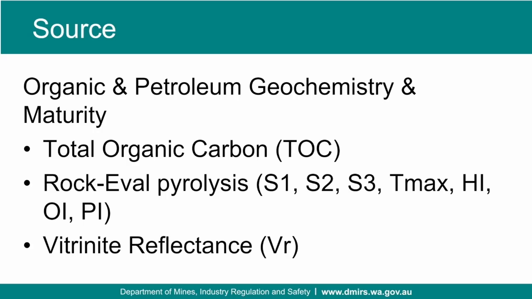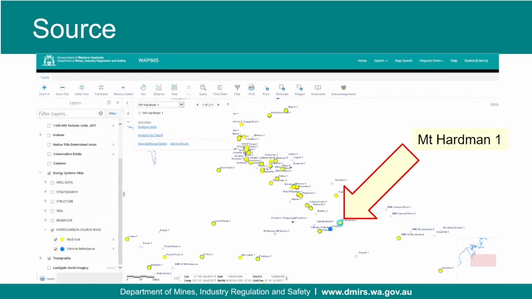Source rock. So this is obviously most important for petroleum, and all the total organic carbon, the Rock-Eval pyrolysis and the vitrinite reflectance maturity data is being captured in WAPIMS, and we've developed a plot, a geochemical summary, for each well.